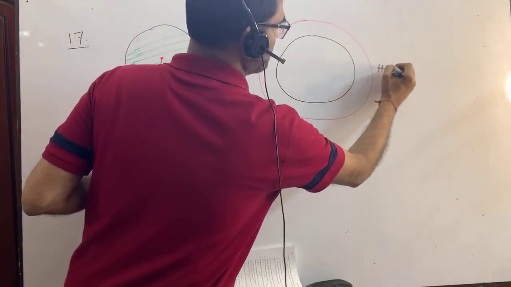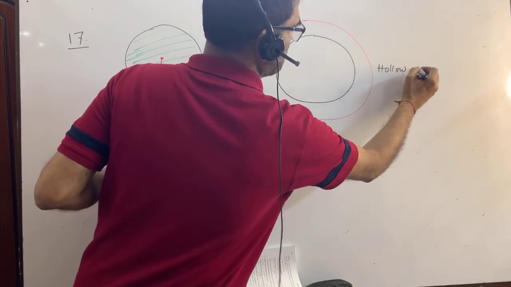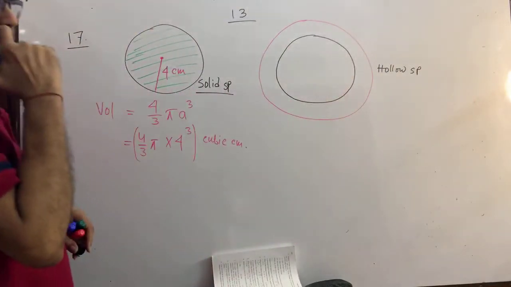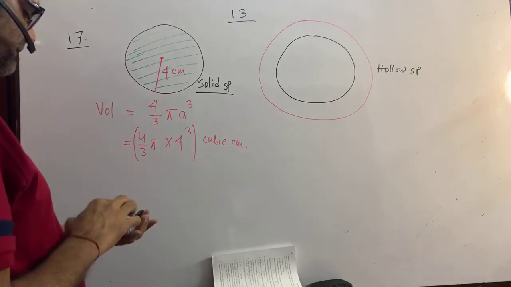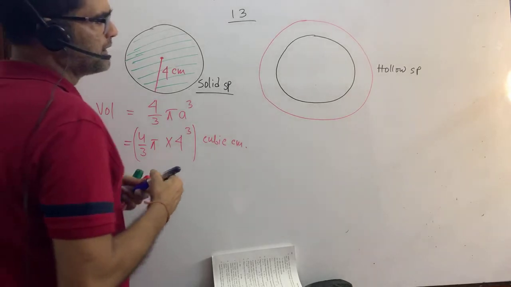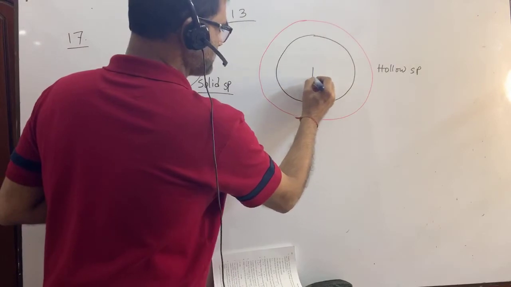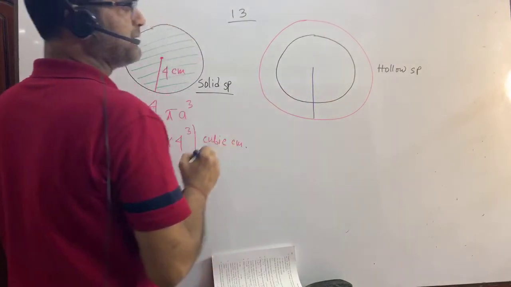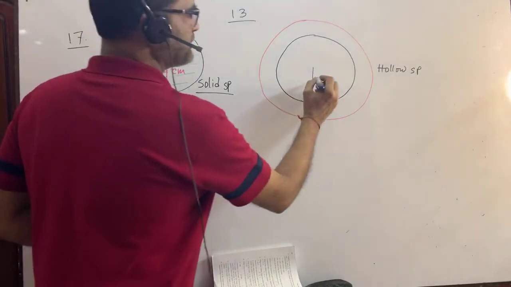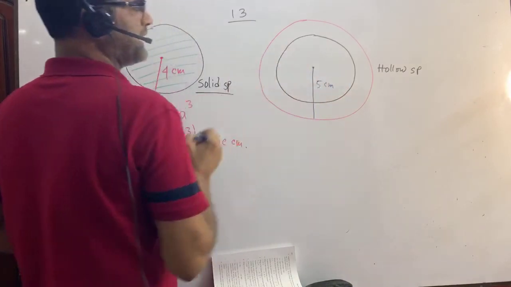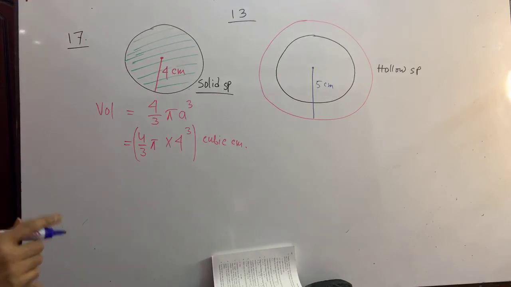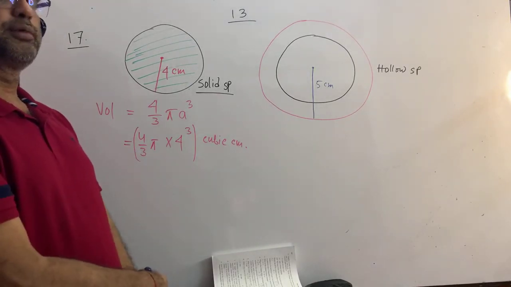You see, hollow sphere. And it is told here in this question that its outer radius is 5 centimeter. Now the question is, what is the thickness of the hollow sphere?